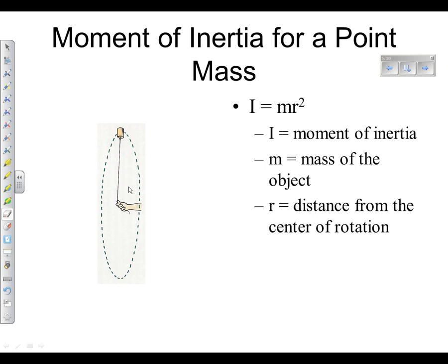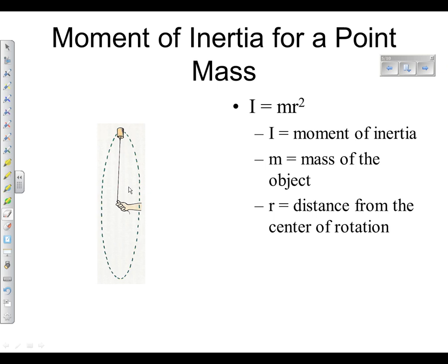Each one of these little molecules that makes up this disk has its own moment of inertia, and all of them have different radii. So there has to be a way to account for all of those things. And there is, it's calculus.